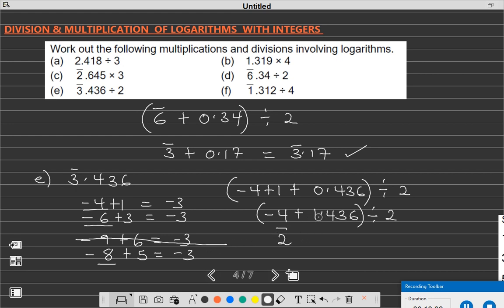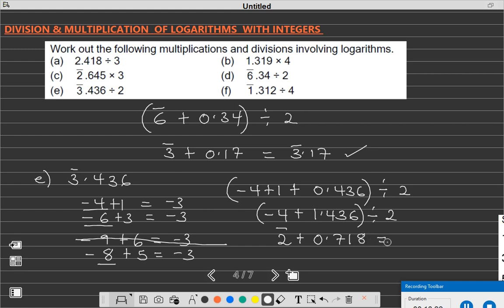Then 1.436 divided by 2. What do we get? You get 0.718.